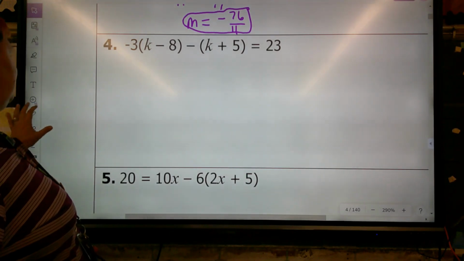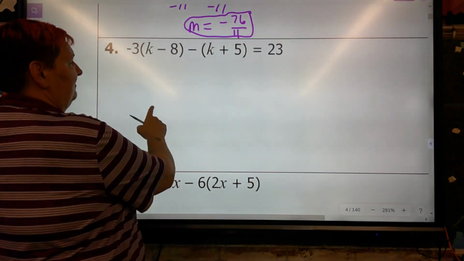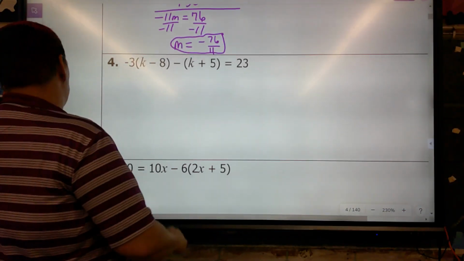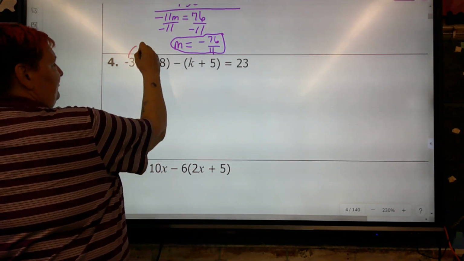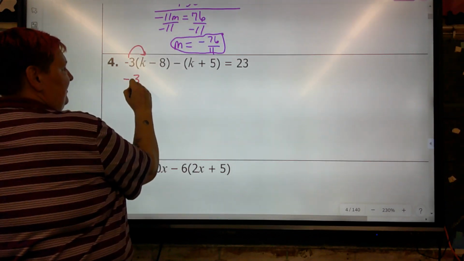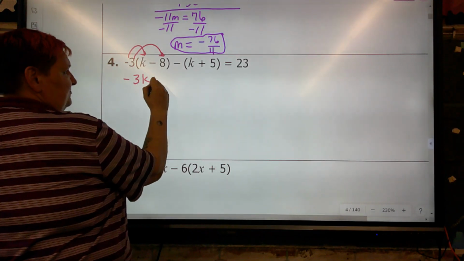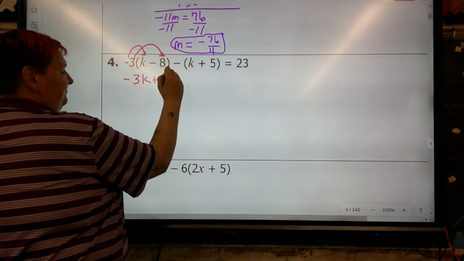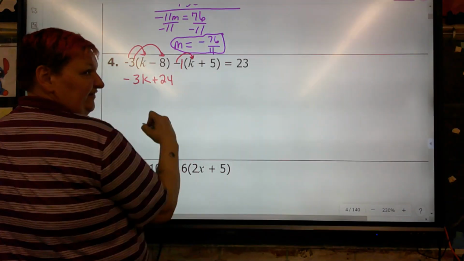Ooh, 2 parentheses. Alright, so we're going to distribute twice. So let's distribute negative 3 times k, negative 3k. Negative 3 times negative 8 is positive 24. Negative k, alright, because there's an invisible 1 there.